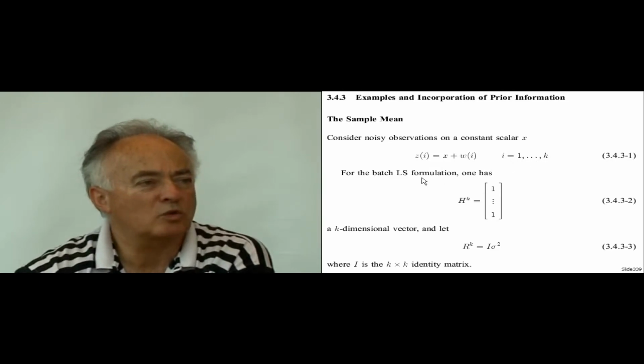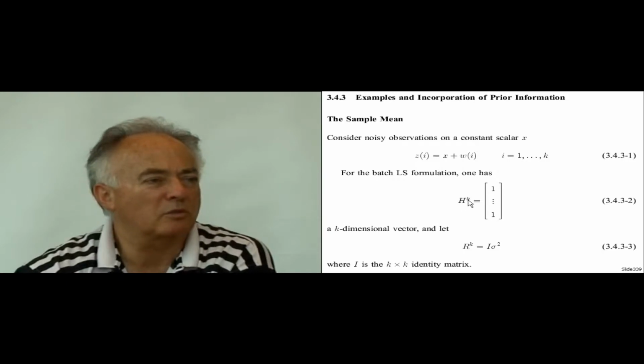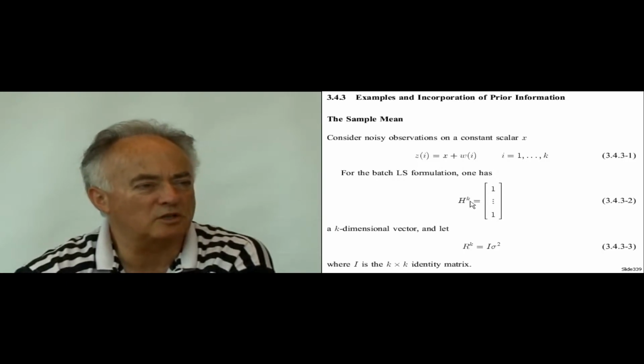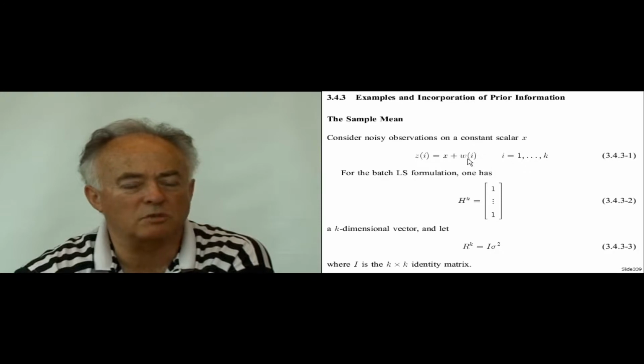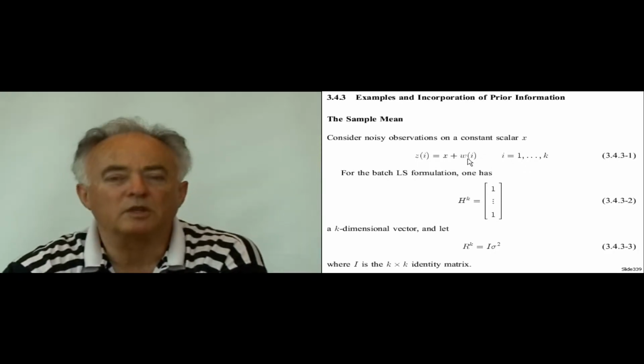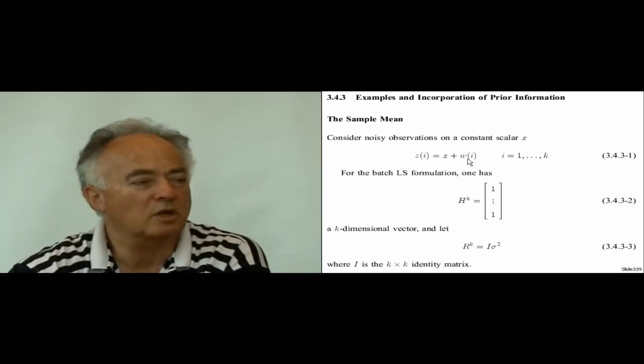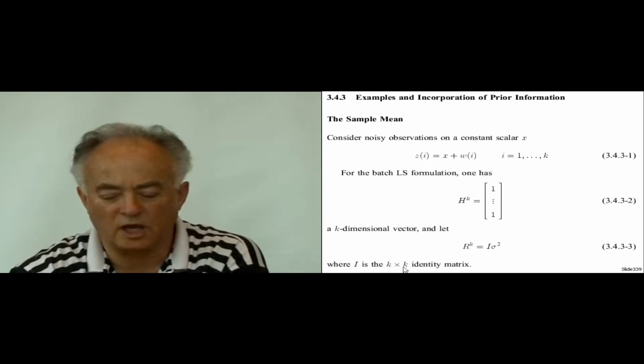If we look at the least squares for k measurements, we can define the stacked matrix H super k, which really is a vector of ones, a single column with k ones, and R super k will be a diagonal matrix with each element being sigma square, because this is the covariance matrix of the stacked noises. So we assume them zero mean, independent, and with the same variance sigma square. So I is the identity matrix of dimension k by k.